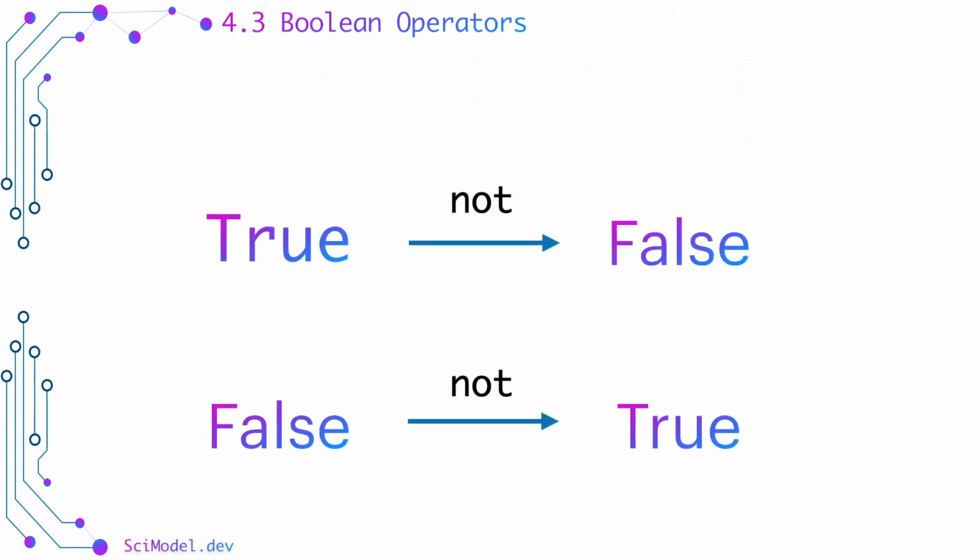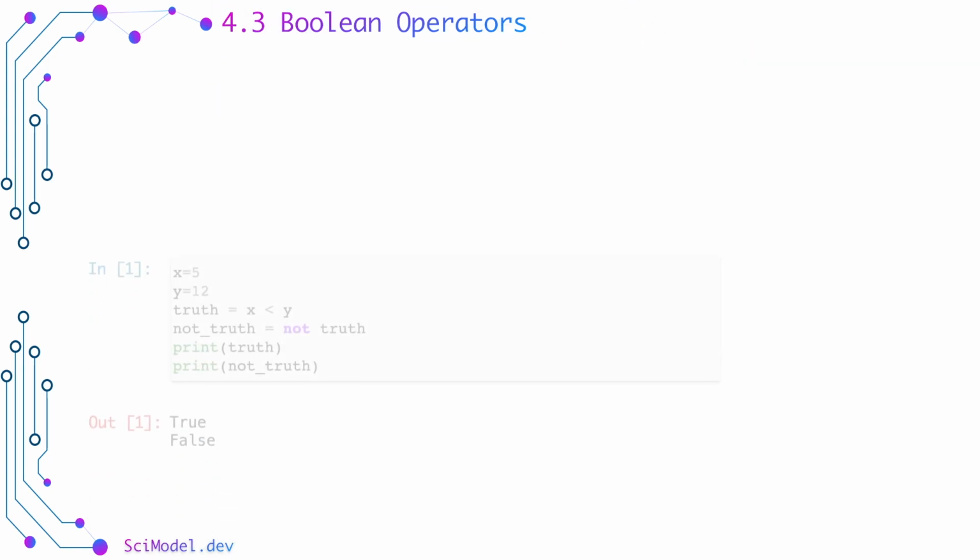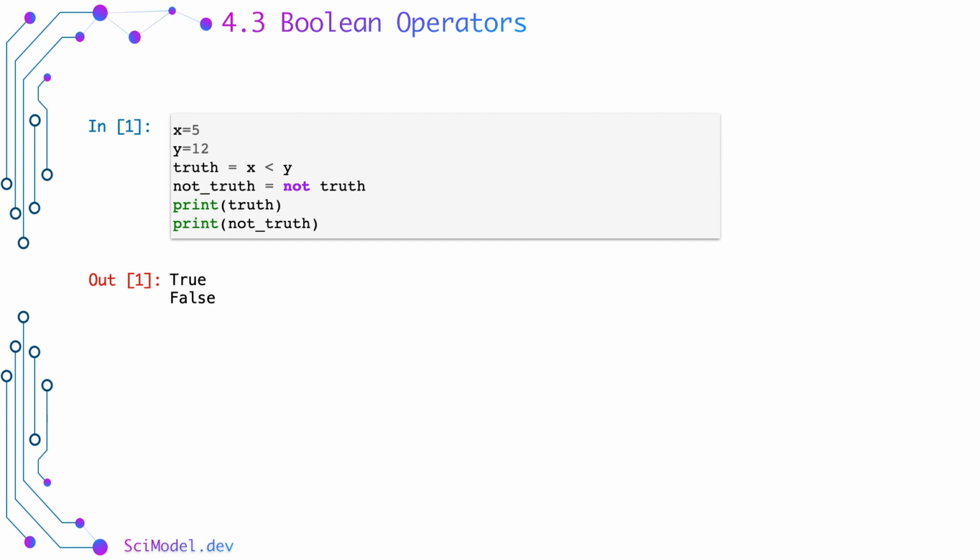The not Boolean operator takes only a single Boolean expression and returns the opposite result. For example, if an expression results in true, then the not operator of this expression yields false and vice versa. Here we have x equals 5, y equals 12, and the variable truth contains a Boolean value of whether x is less than y.